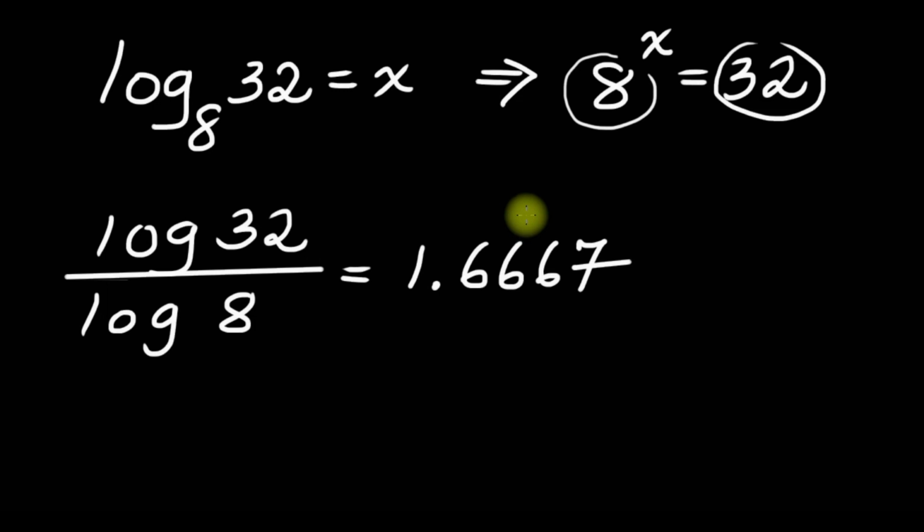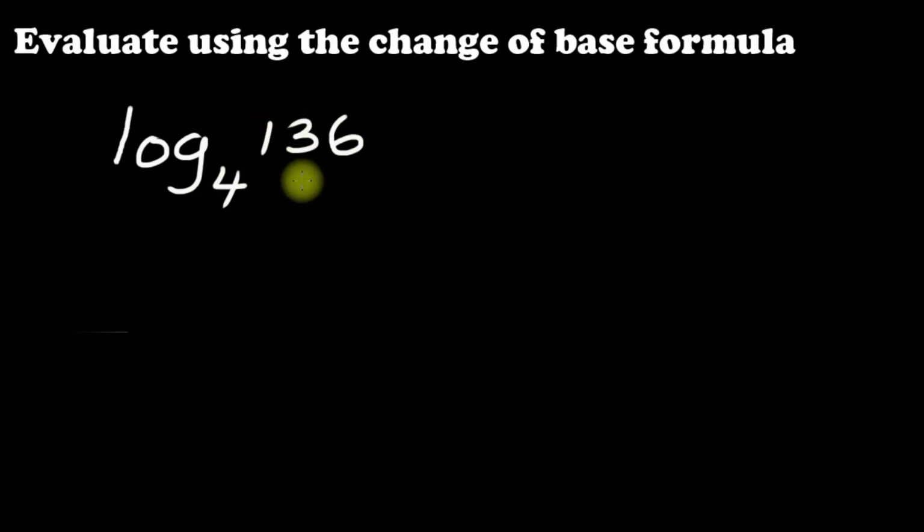Okay, so we're going to look at one more example here. For this example, we have log base 4 of 136. Okay, so we're going to evaluate this. So we're going to set it equal to x. We're looking for the exponent. 4 to the x power is 136.